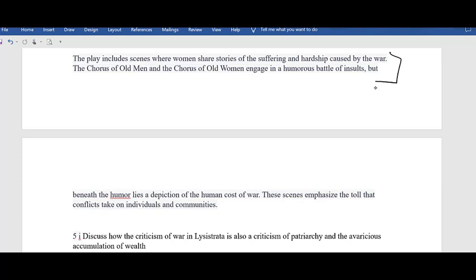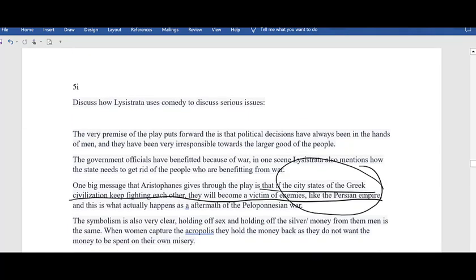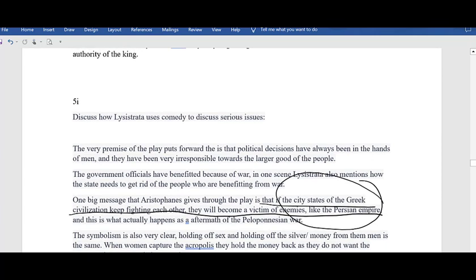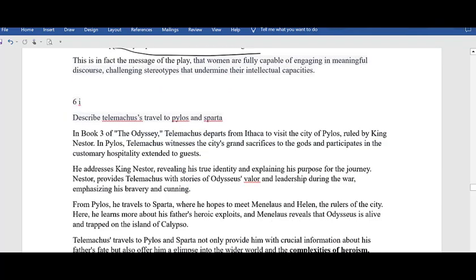They are using metaphors to put each other down. But finally, what is the outcome of that discussion that they have? That the cost of war is human, right? So even though the nature of comedy is also very physical, he uses comedy, but finally he discusses serious issues. Now let's look at the next question.